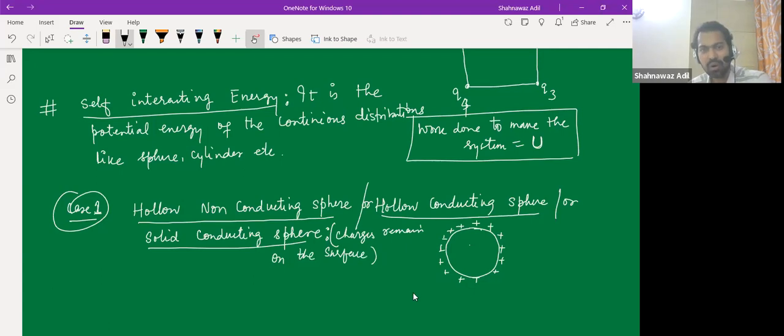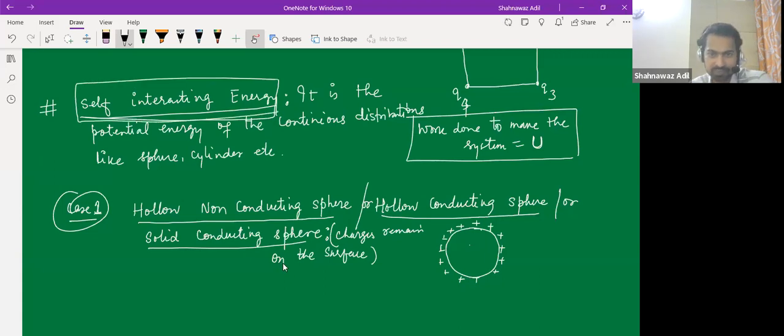Okay. So now all the charges are here, right? There would be some work done to bring all these charges on the surface of the sphere. There would be some work done to make this system, and that is called the self-interacting energy. Understood?